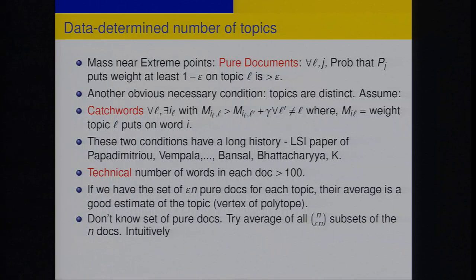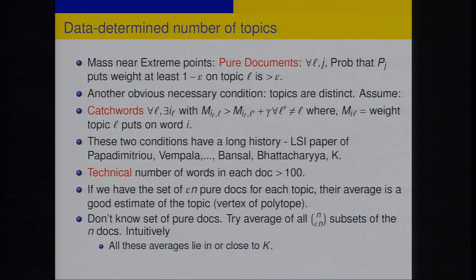Now, instead, I'm going to do the following. I don't know which epsilon n documents are pure for each topic, but I'm going to try all subsets of epsilon n documents, okay, and take their averages. First, this is clear, it's easy. All these averages lie in or close to the convex set.